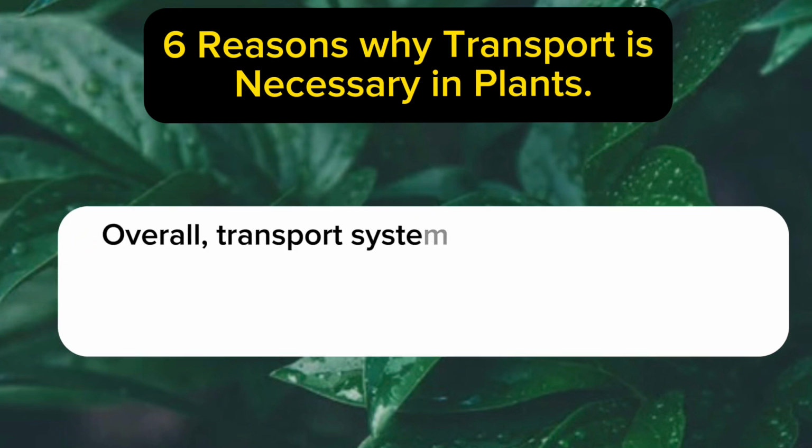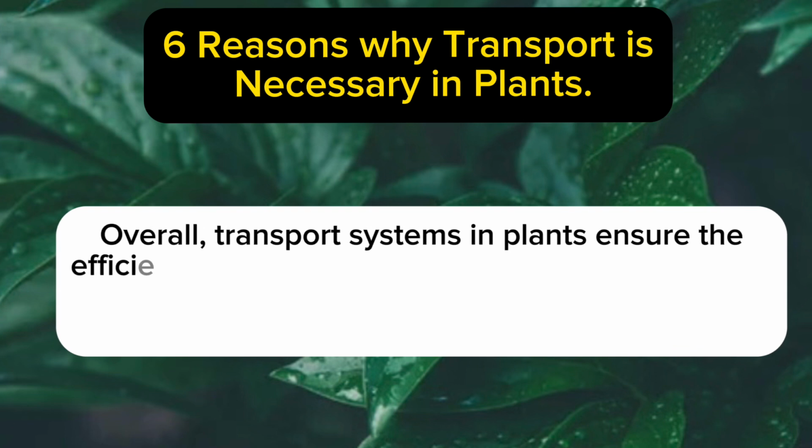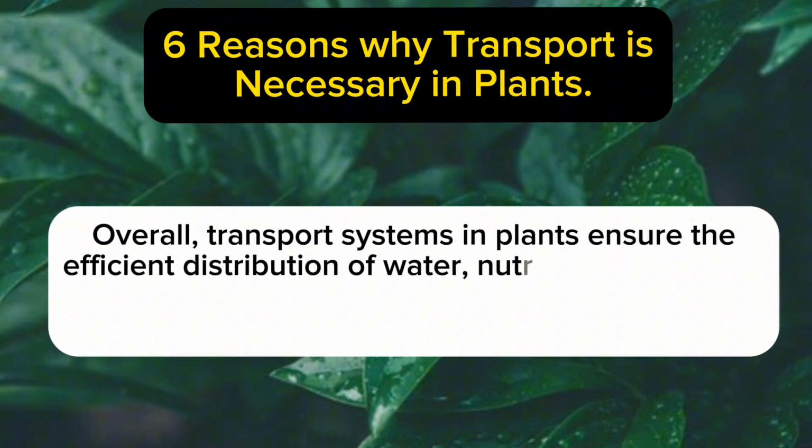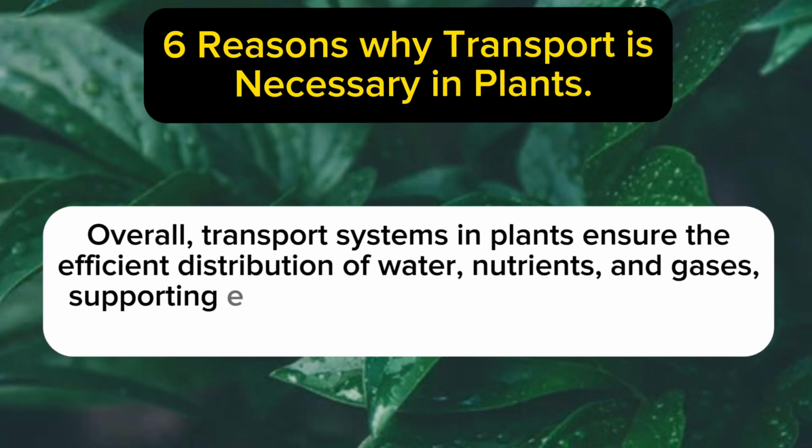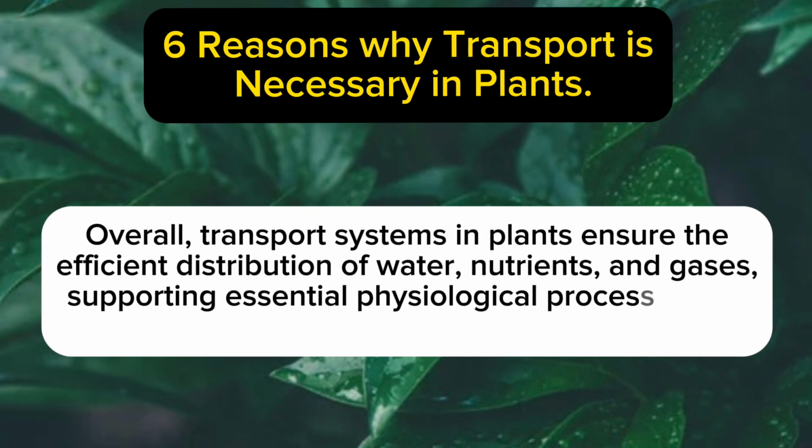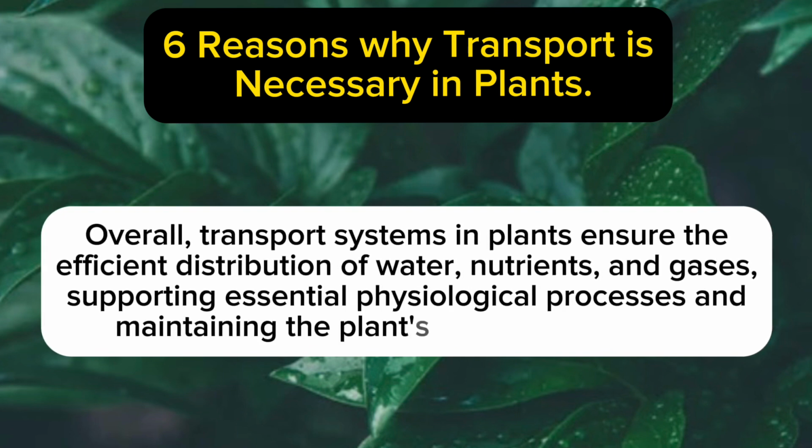Overall, transport systems in plants ensure the efficient distribution of water, nutrients, and gases, supporting essential physiological processes and maintaining the plant's health and growth. And that is where we conclude 6 reasons why transport is necessary in plants.